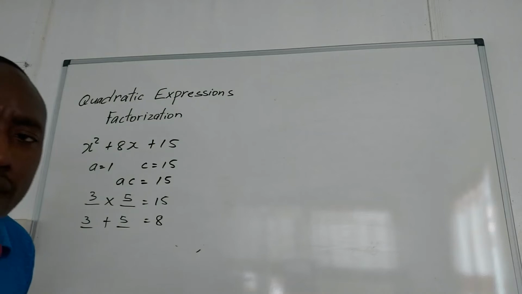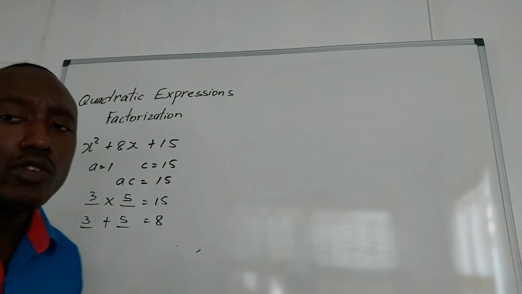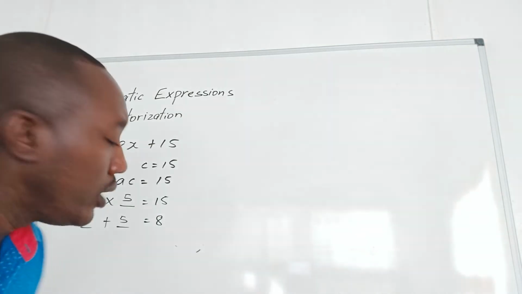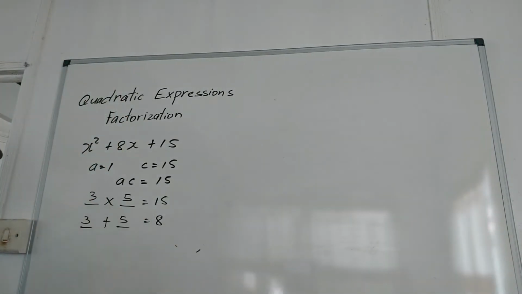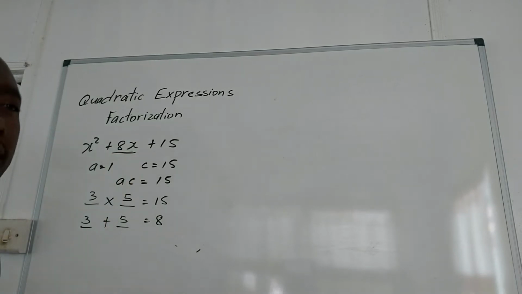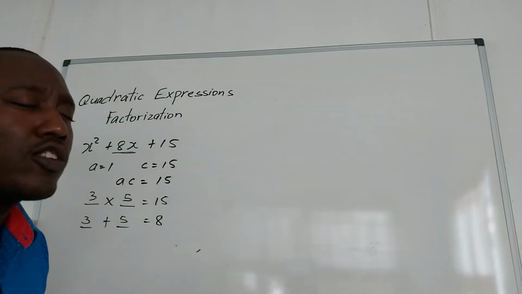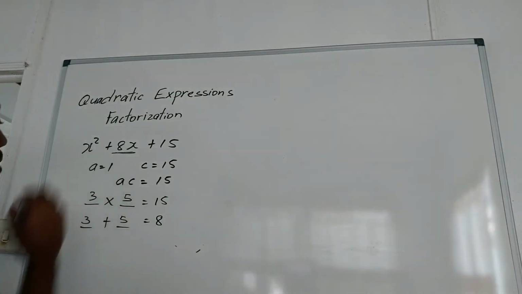Now, the third step says rewrite the expression. How are we rewriting this expression? We notice that 3 plus 5 will give us 8. So where we see 8x, we're going to write 3x plus 5x, which is the same as 8x.